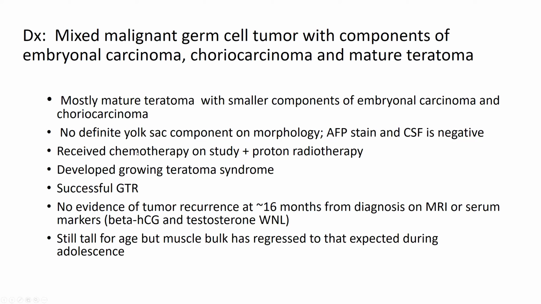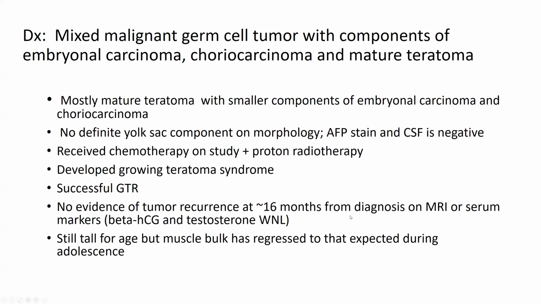He received chemotherapy on a study protocol and proton radiotherapy, and then subsequently developed growing teratoma syndrome, which I'll talk about briefly here at the end. We've seen this quite commonly in many of our patients here. Because of that growing teratoma syndrome on therapy, he underwent a gross total resection, which was very successful.